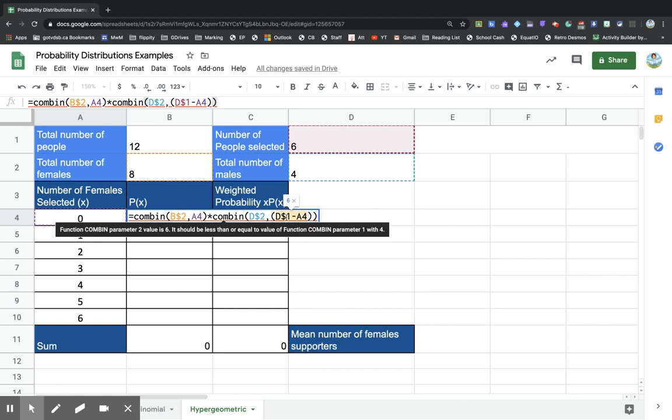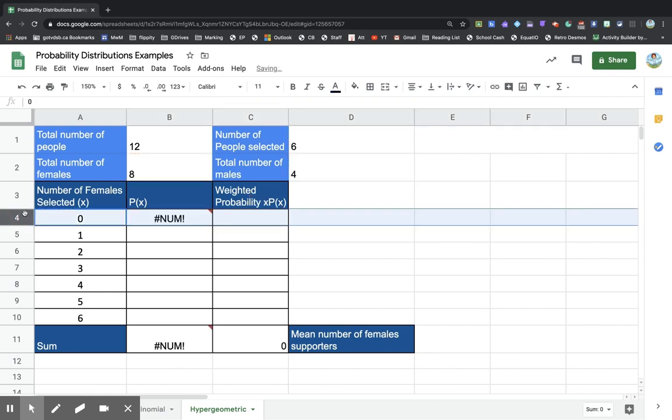Basically, this is 6 and this is 4, so I'm currently asking Sheets to calculate 4 choose 6. 4 total males. How many ways can I pick 6 of them? That doesn't actually make sense, does it? I can't pick 6 males if there's only 4 to pick from. So that means this particular option of 0 females actually can't occur, so it gives me an error.